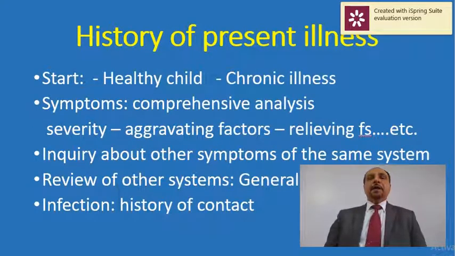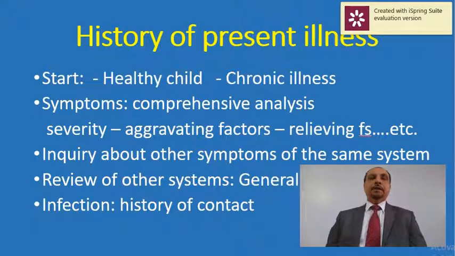The history of present illness. Usually we have a way to start writing or speaking about the history of present illness. Your start will depend on whether the child is healthy or has a chronic disease. For example, take a healthy child who has no previous admissions, is growing well and everything, and has this illness.